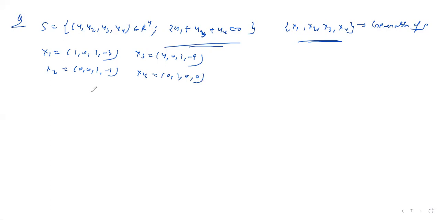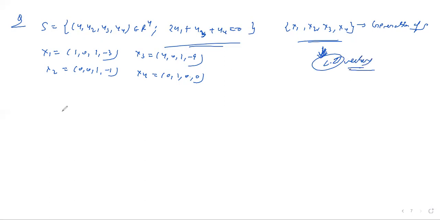Now we have to find the basis from this generating set of S, which is a set that generates the whole subspace S. I want to find the basis from this generating set, like all the linearly independent vectors from this set.